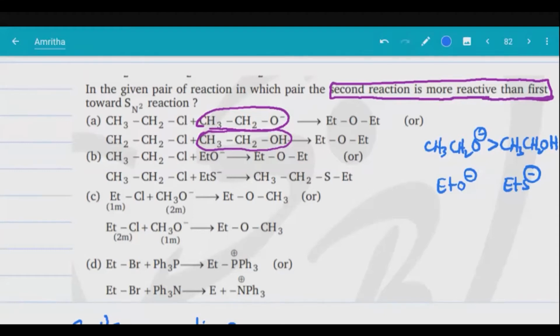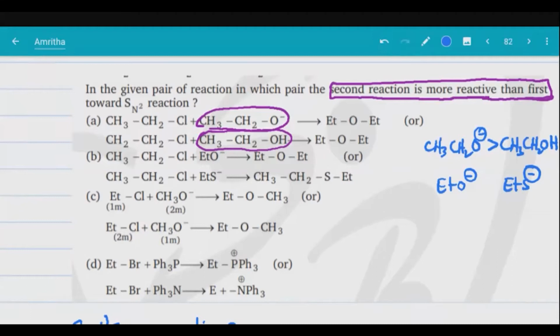Nucleophilicity means the ability to donate electrons. If it gives easily, faster, nucleophilicity is more, a strong nucleophile. So will oxygen give or sulfur give?